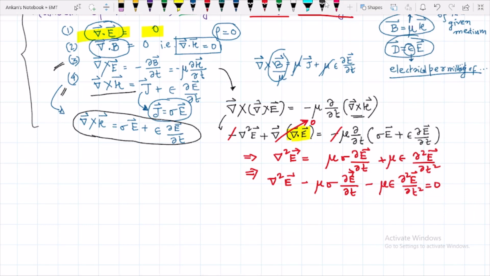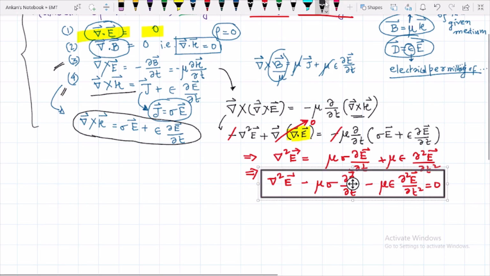Put it in a box. We have to solve this equation. So name it as equation number 4. I think this should be named equation number 5.